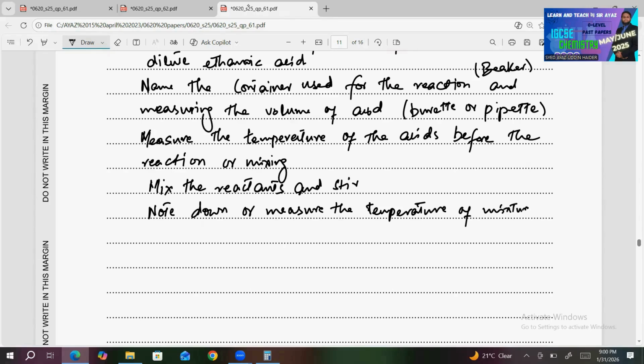The last point, the biggest temperature decrease means most endothermic. Biggest temperature change, temperature decrease means most endothermic. So how many points are there for this one?